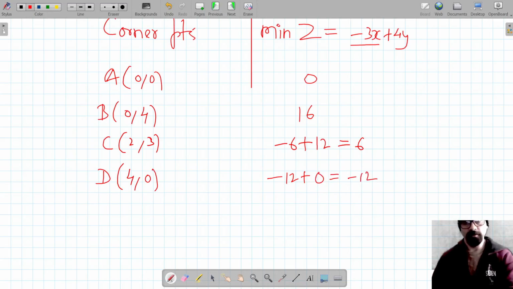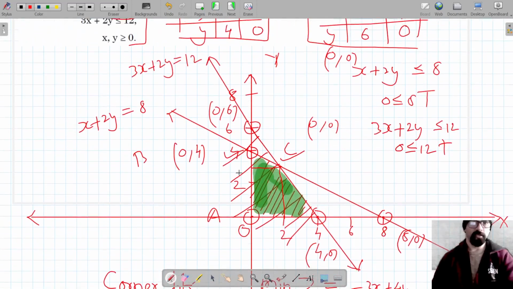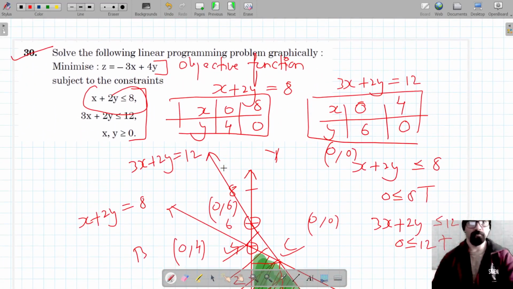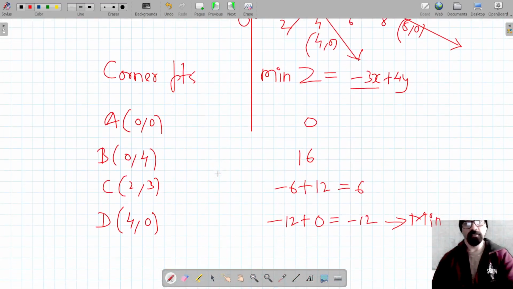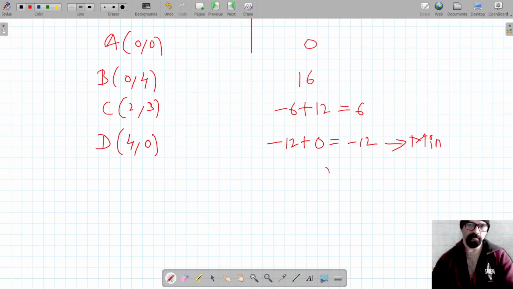So these are the values at the corner points, which are 0, 16, 6, and negative 12. And out of these we have to find the minimum value. The minimum value is negative 12, and that is at 4 comma 0.